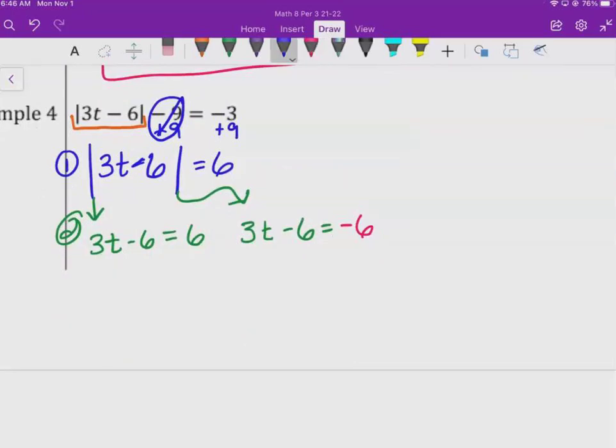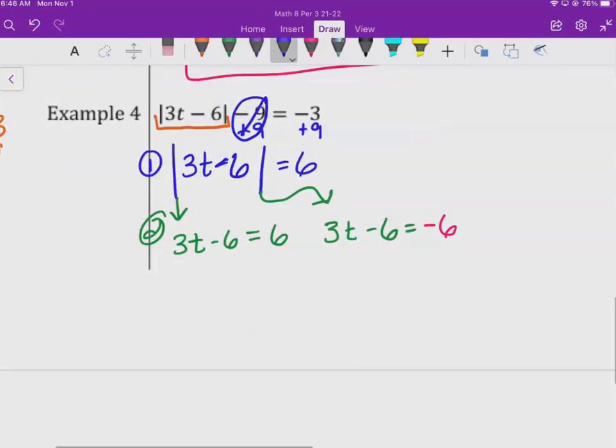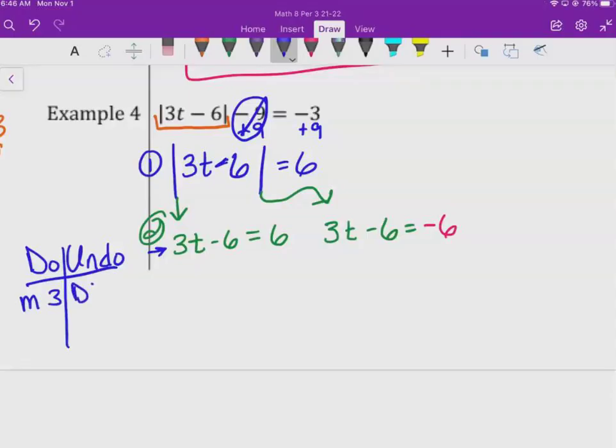So this is technically a 2-step equation, so we should have a do and undo box over here. And you only have to do it to this guy. So what's going on between 3 and t? We're multiplying by 3. How do you undo that? Divide by 3. What's going on between t and 6? We're subtracting 6, so we're going to add 6.